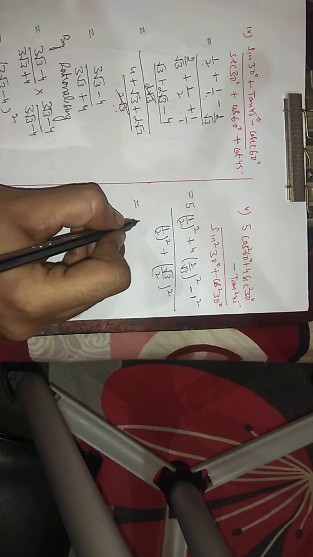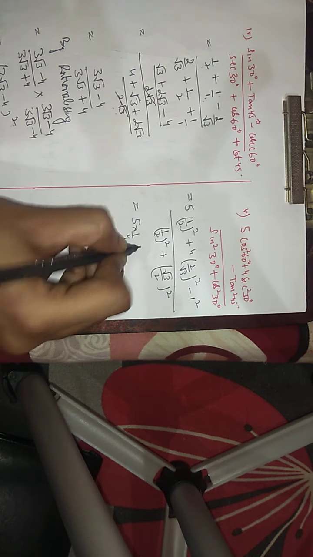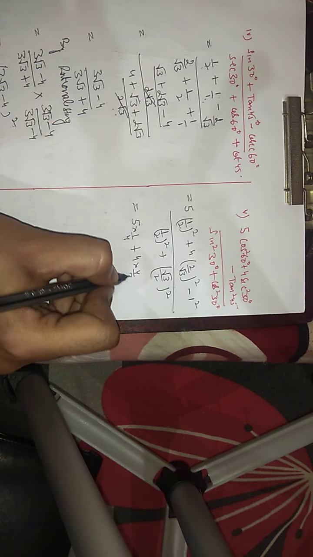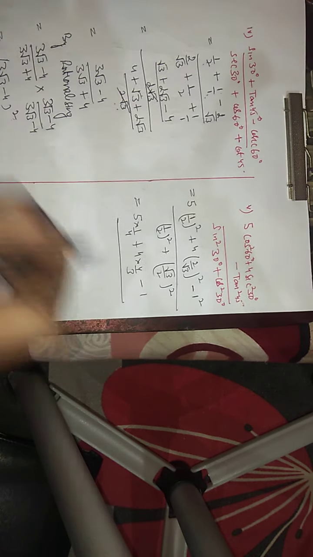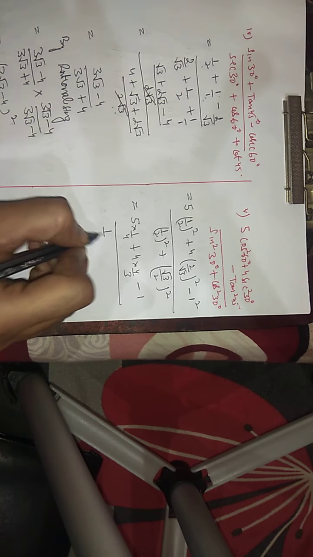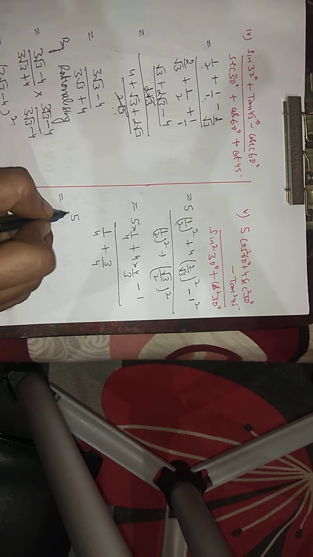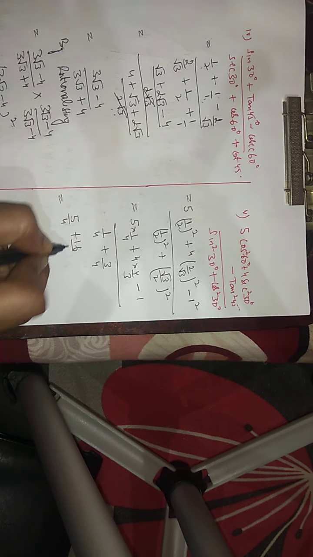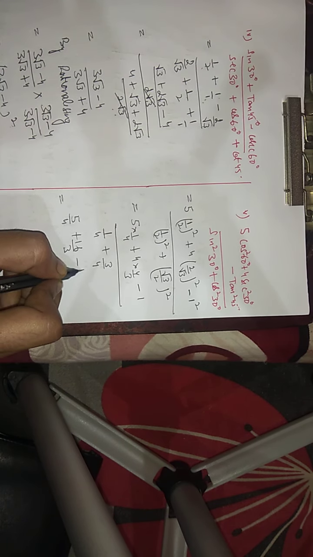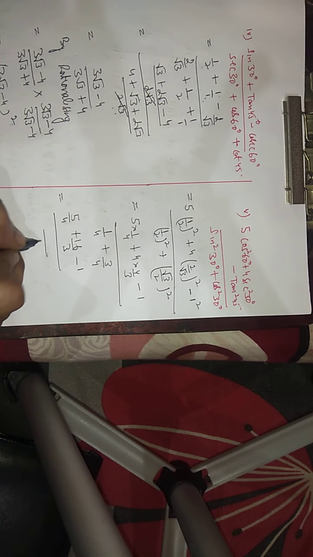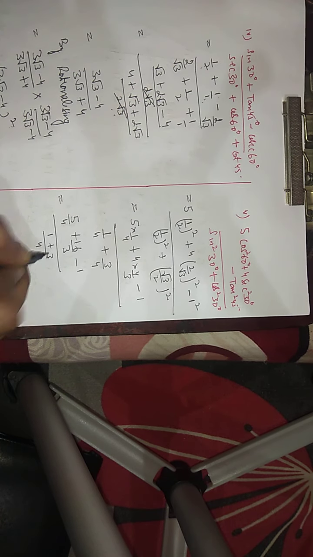So it gives the value 5 into 1 by 4 plus 4 into 4 by 3 minus 1, whole divided by 1 by 4 plus 3 by 4. So it's 5 by 4 plus 16 upon 3 minus 1, upon (1 plus 3) by 4.